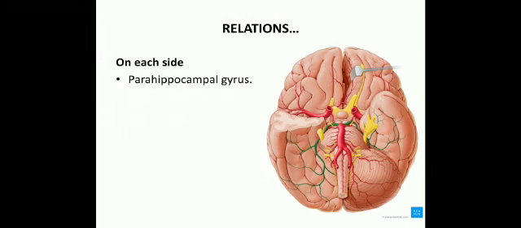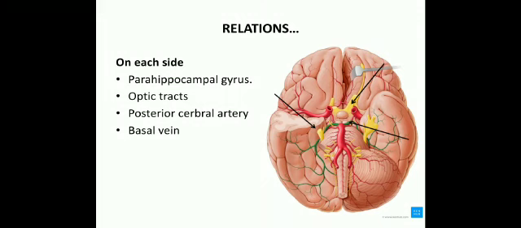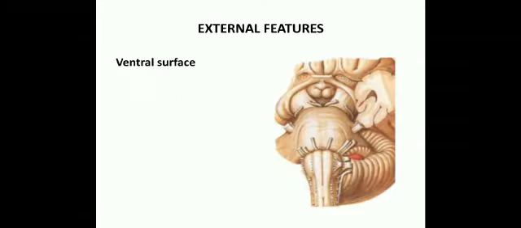On each side it is related to the parahippocampal gyrus, the optic tracts, posterior cerebral artery, the basal vein, trochlear nerve, the geniculate bodies. So, coming to the ventral surface, the ventral surface is related to the crus cerebri.